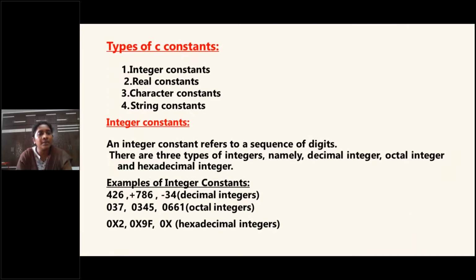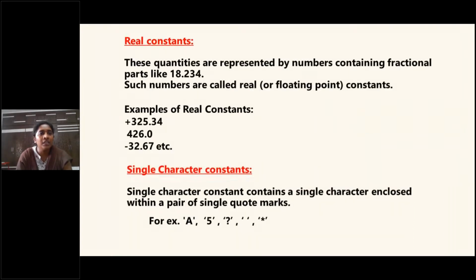Examples of integer constants: anything which ranges from 0 through 9 is called decimal integers, and any combination with a 0 prefixed is called octal integers, that is, digits from 0 to 7, and hexadecimal integers as well, and real constants. These are the real constants with the decimal value.